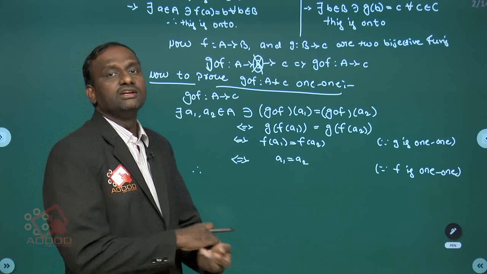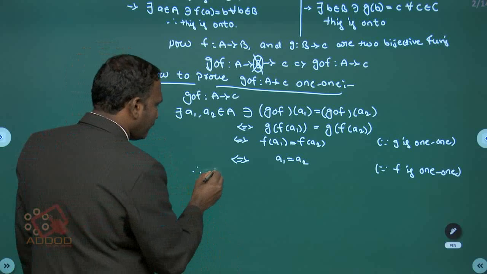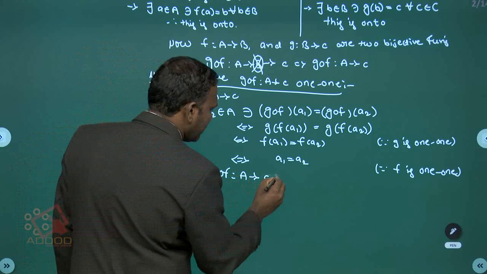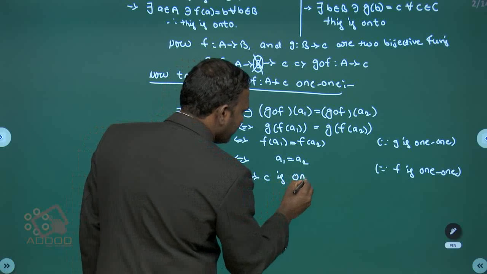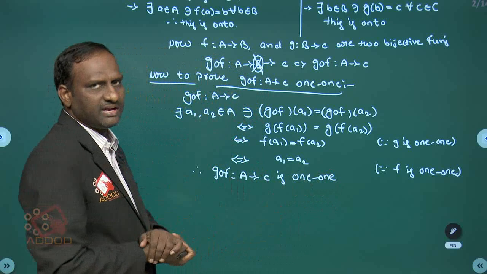This indicates that G circle F from A to C is one-one. So the one-one condition is verified.